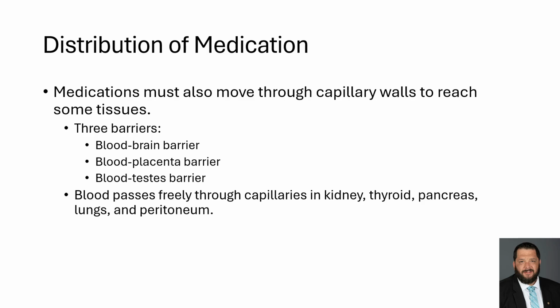Blood passes freely through the capillaries in the kidney, the thyroid, the pancreas, the lungs, and the peritoneum. But if we have medications that are targeting specifically those areas, we want to make sure that they either intended to cross the blood-brain or blood-placental barrier, and what those intended effects or side effects or adverse effects may be.